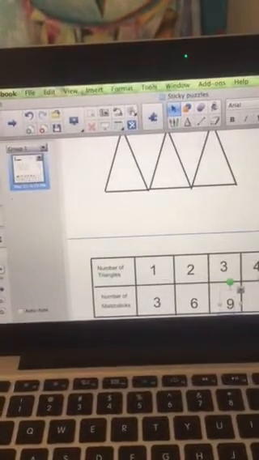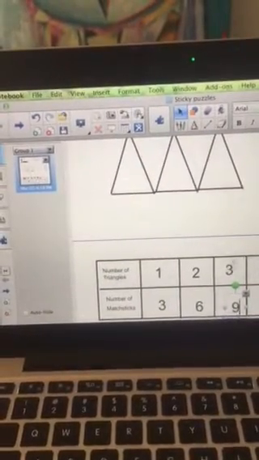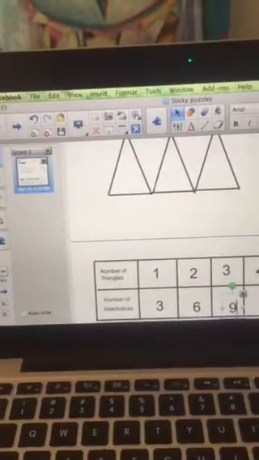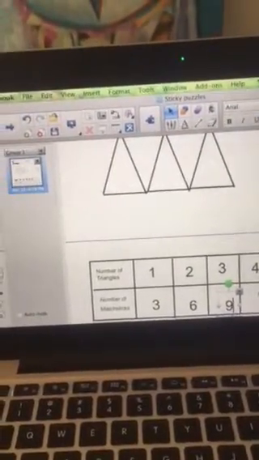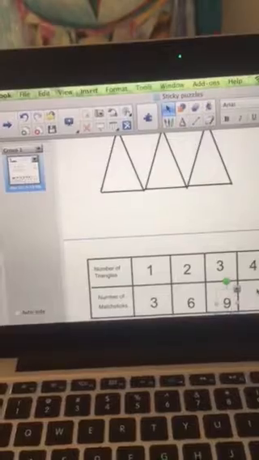So if we had a fourth one, we could multiply it by the number of matches that we use, which is 3, to get our unknown. And that is our rule. You could add the 3, or we could multiply it.